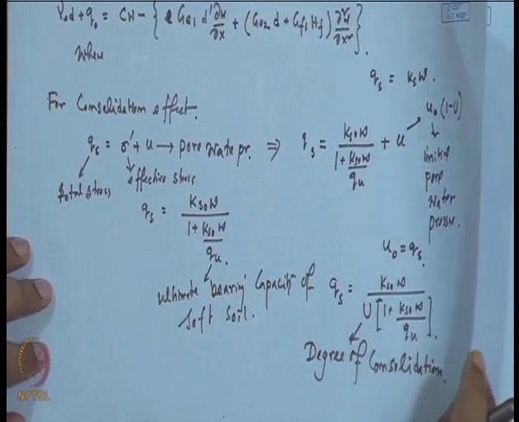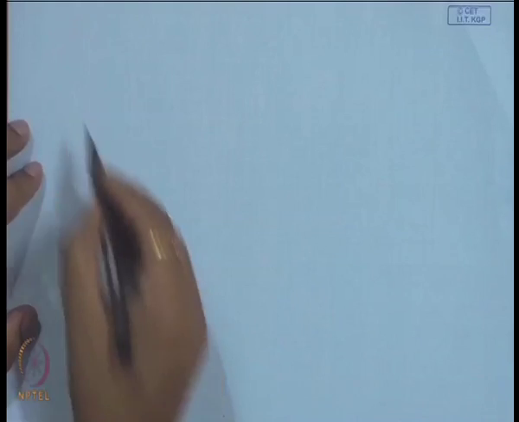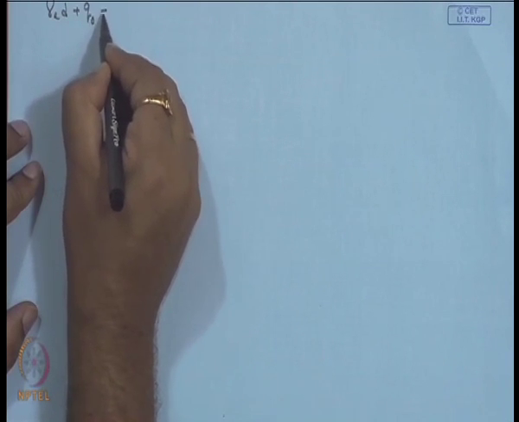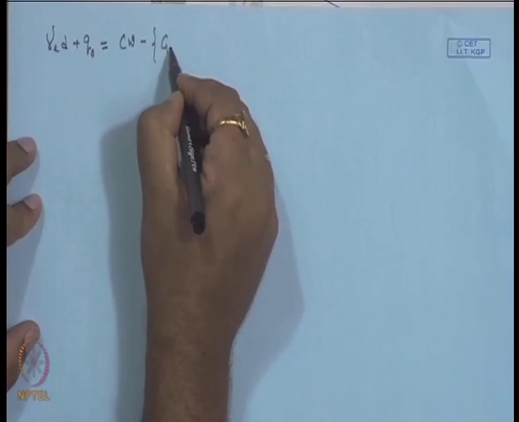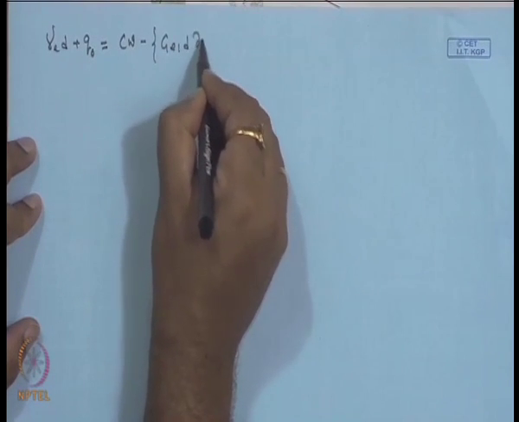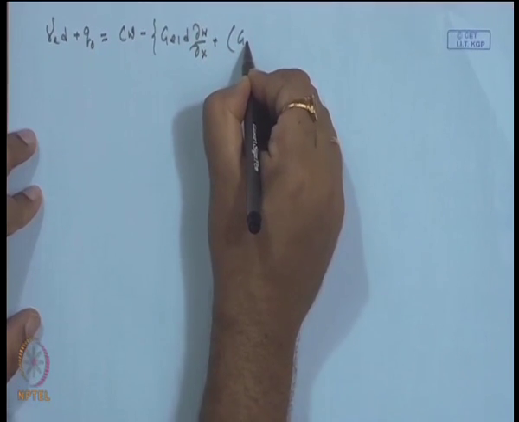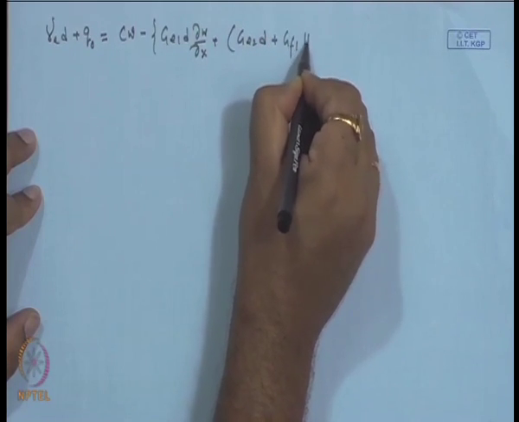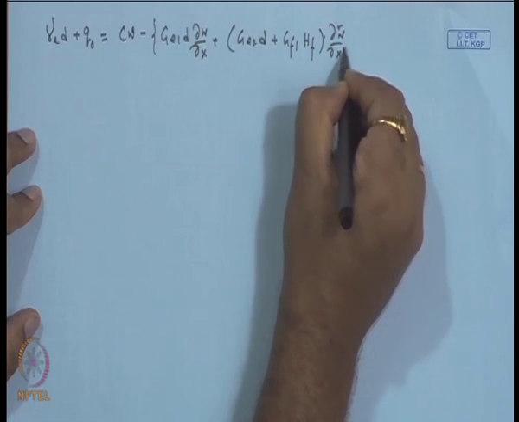Then if I put this expression in the final form, gamma E d plus q 0 is equal to C w minus g E 1 d del w del x plus g E 2 d plus g f 1 h f into del square w del x square.